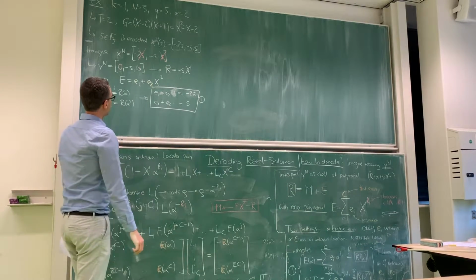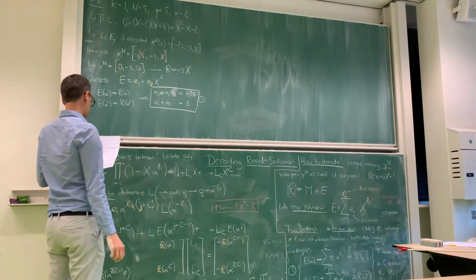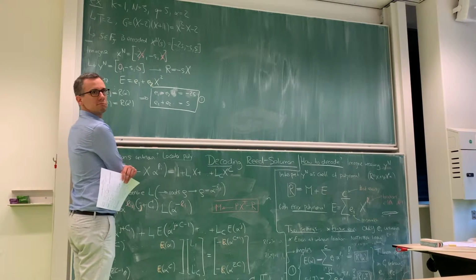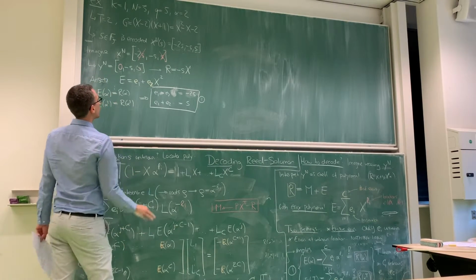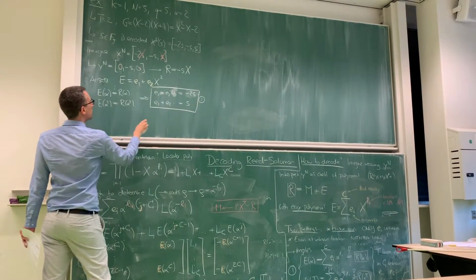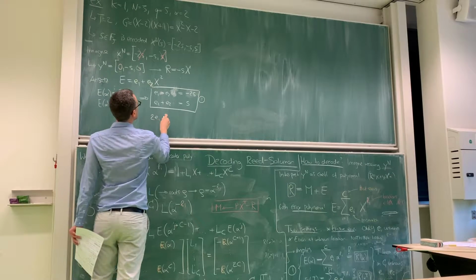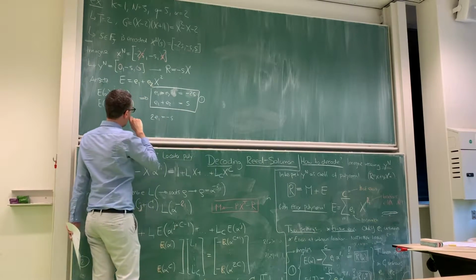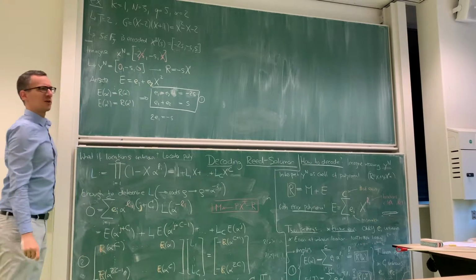Any guesses? So how can I solve the system, right? I guess I could add the two equations and then I get 2E1 equals minus 2S plus S minus S. Also, how can I solve this?